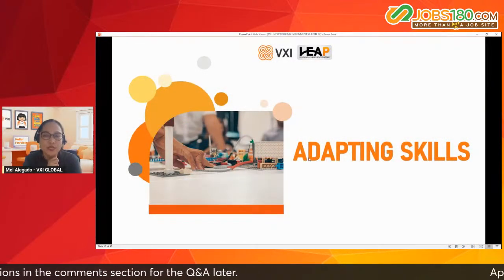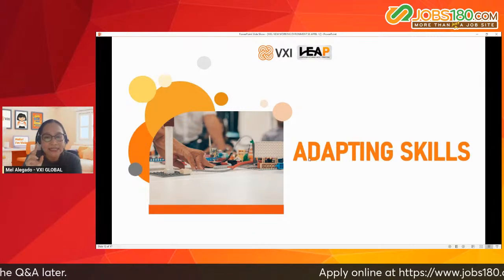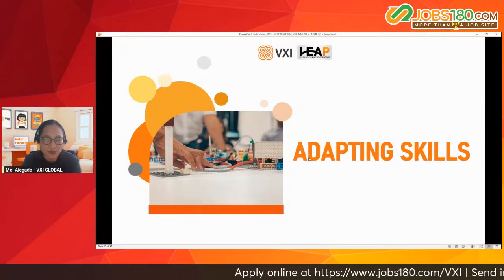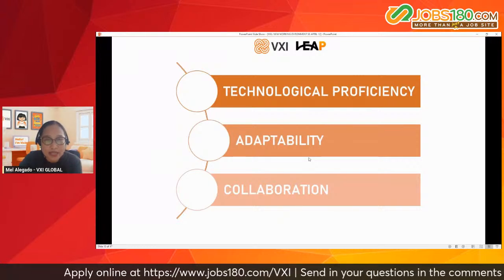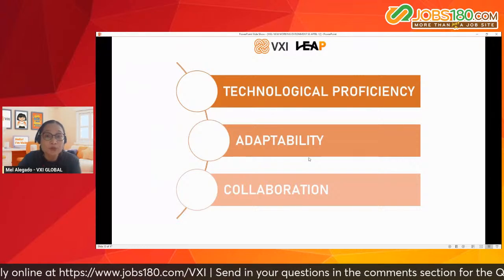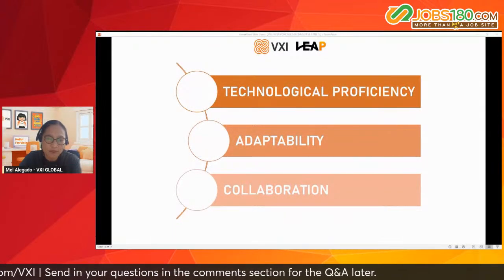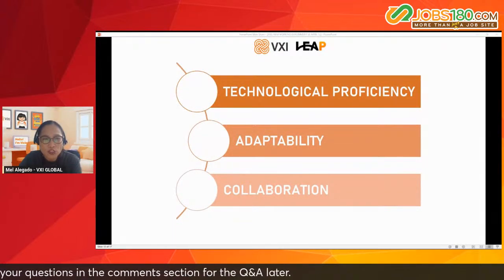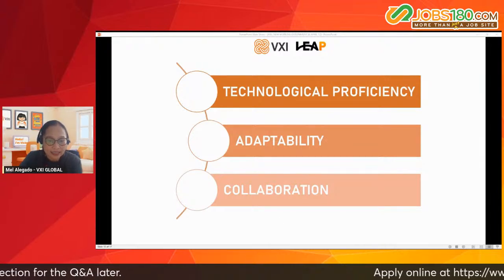The second thing that we need to know about new work environment is adapting to the skills, right? What about adapting skills? So we have three: the technological proficiency, the adaptability, and collaboration. So what do we mean when we talk about adapting skills? Syempre madaming bagay na we need to consider when it comes to that, right?